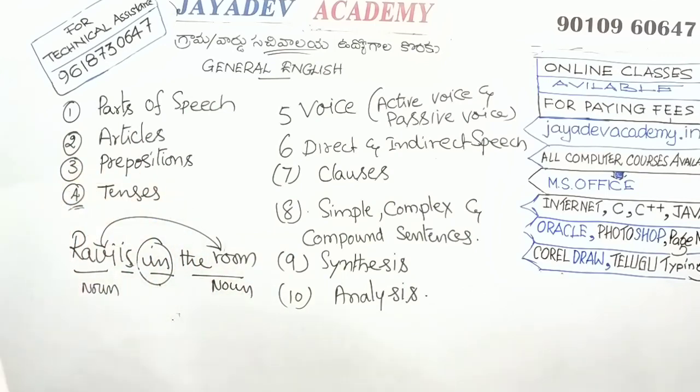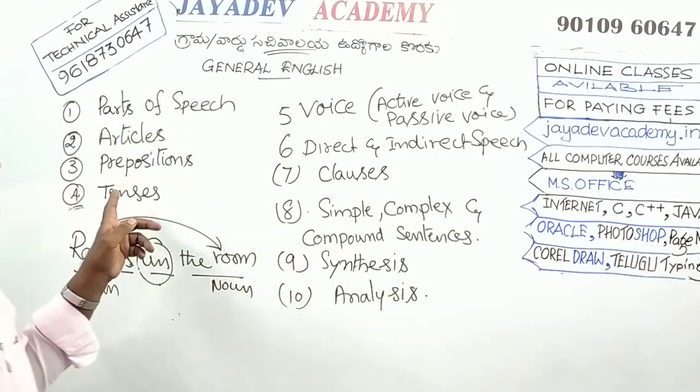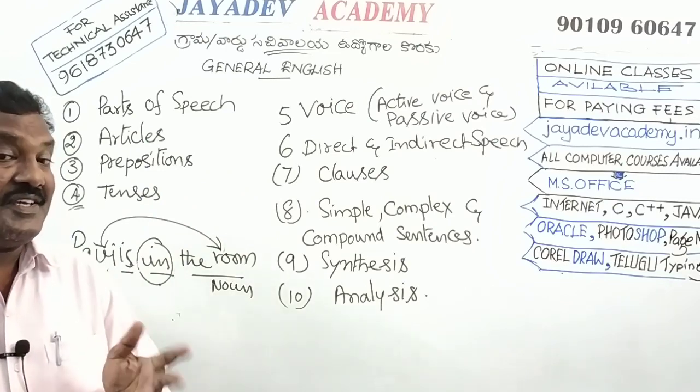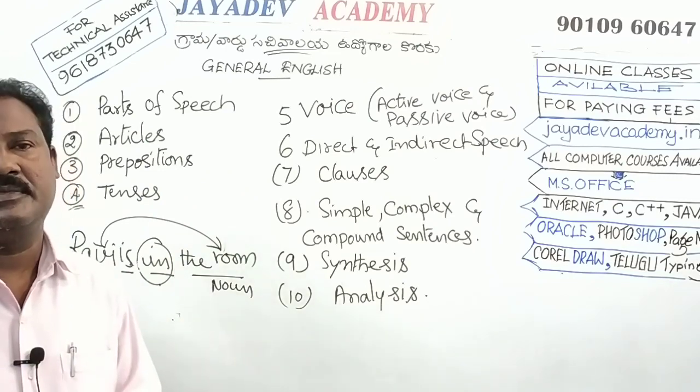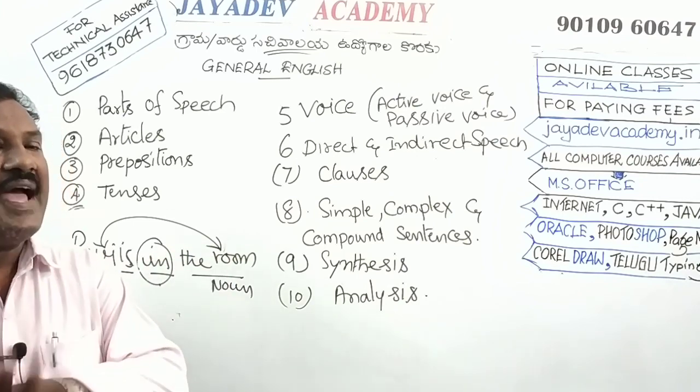Now come to tenses. Tenses is a very, very important topic. What is meant by tense? Tense is a change in the form of the verb to show the time of the action.